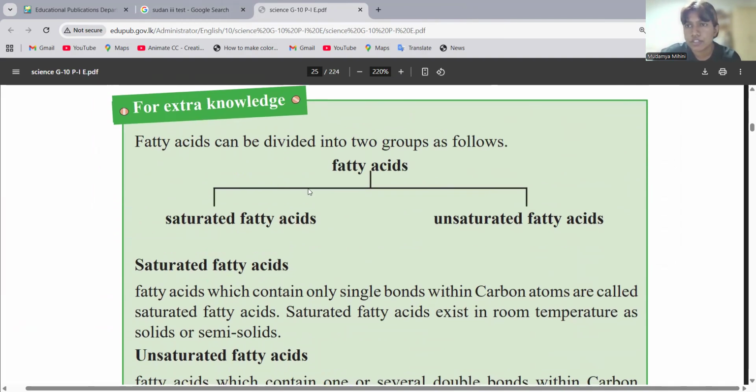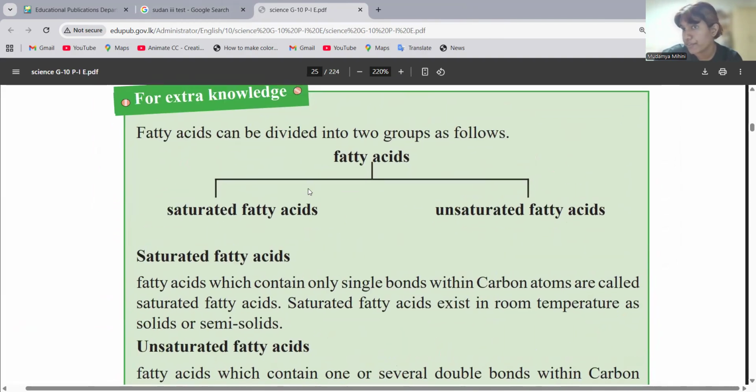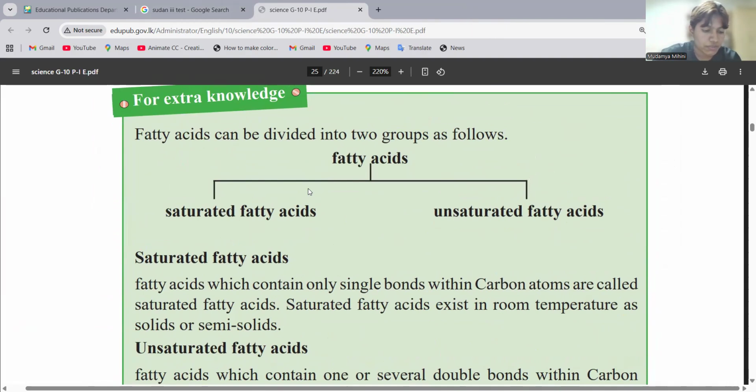Fatty acids. This is extra knowledge, but it's really fun to remember this stuff. Fatty acids are divided into two parts as saturated and unsaturated. What saturated means is there are only single bonds between the carbons. So you know that in lipids there are C, H, O, right? Carbon, hydrogen, and oxygen.